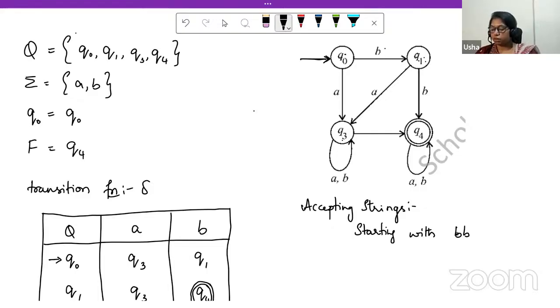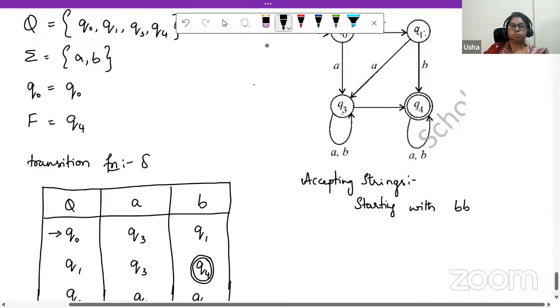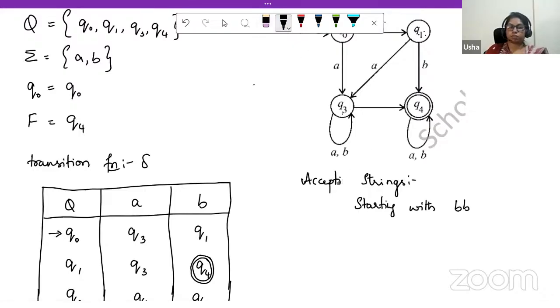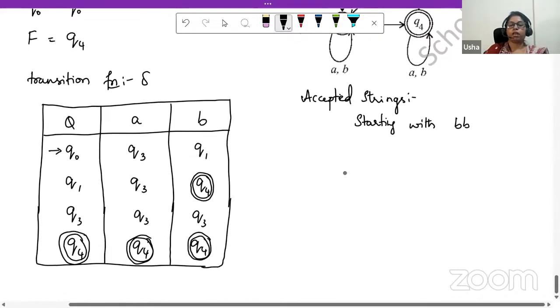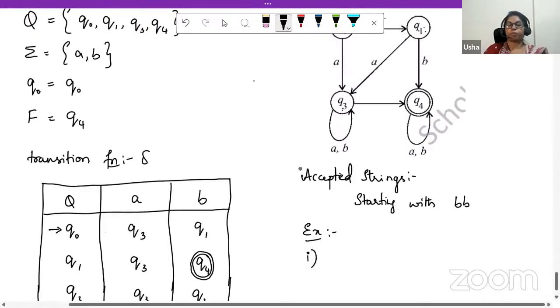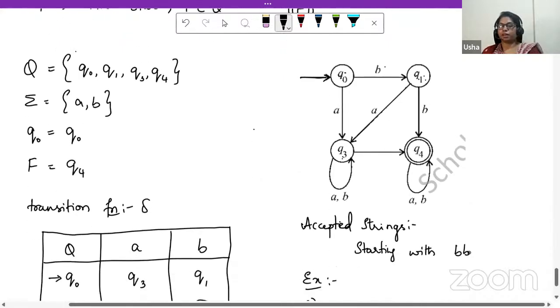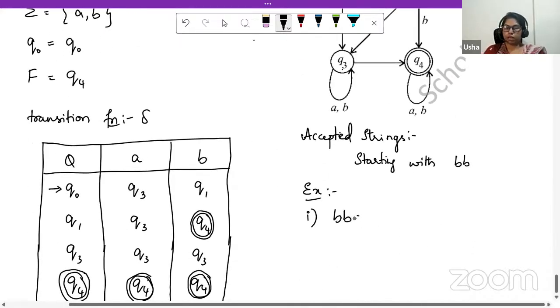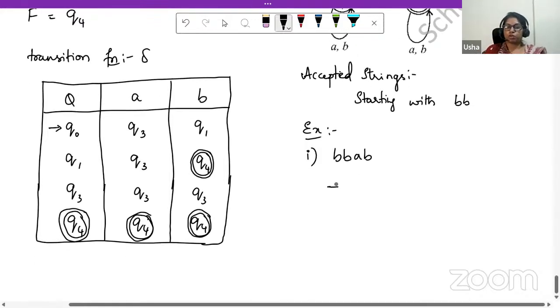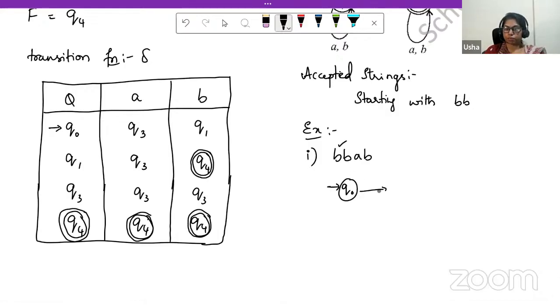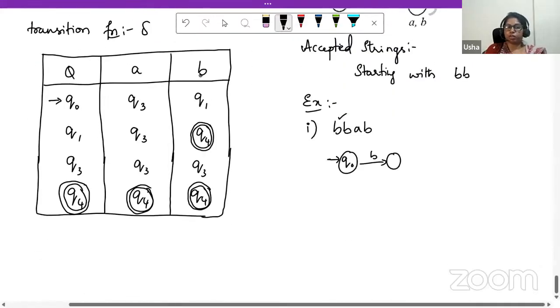Once you understand accepted strings, now write an example. Example 1: write anything that starts with BB, like BBAB. Then you should show what the transitions are. From Q0, the first symbol to pass is B. If the input is B, it takes it to Q1.